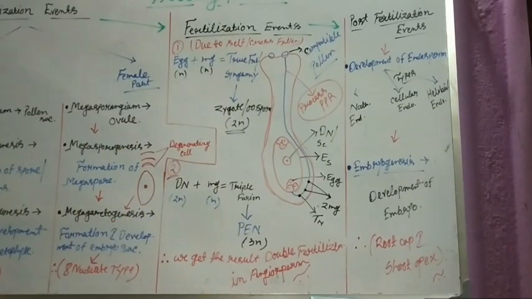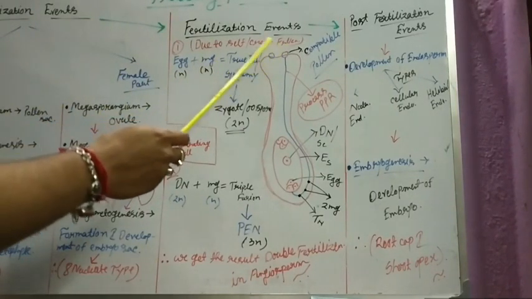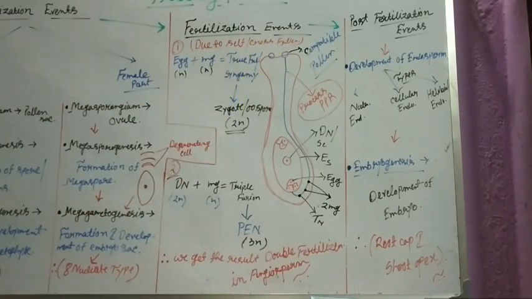So, the fertilization process starts. First, pollination, the landing of pollen grains on the stigma.